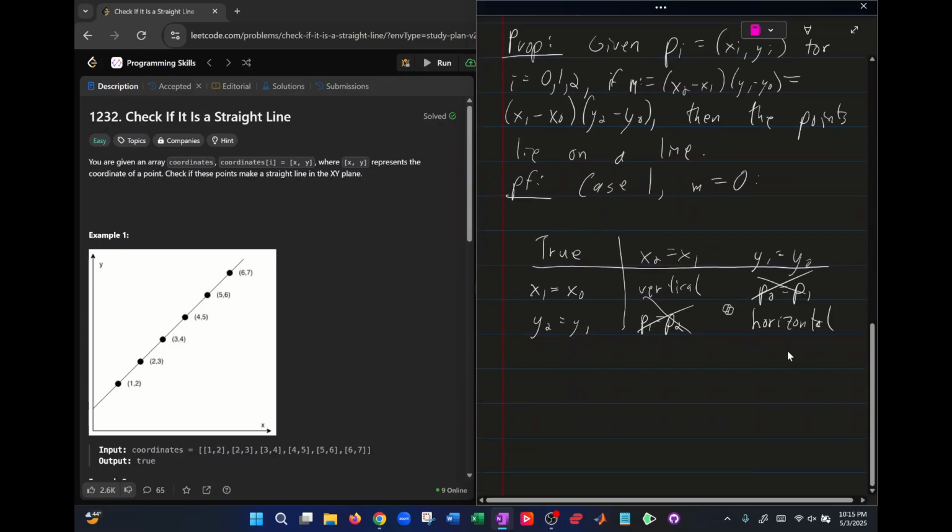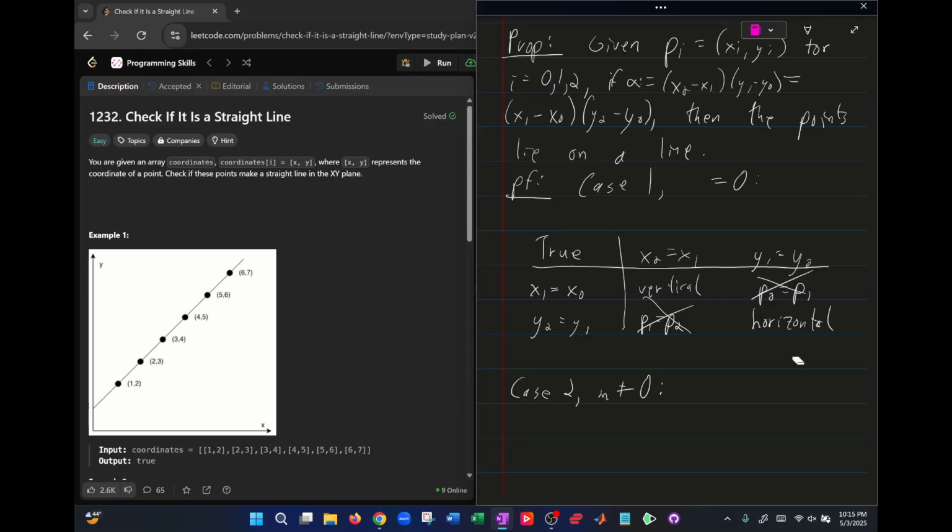Okay. So now we have to consider case 2, in which M is not equal to 0. Then what we have is, no, we don't want to call this M. We want to call this something else. Let's call it alpha, because it's just not really related to anything else.